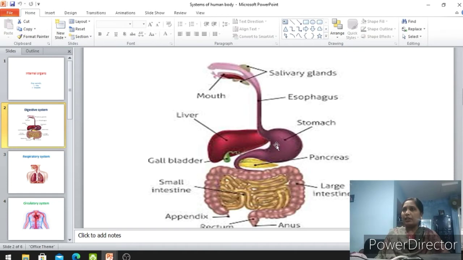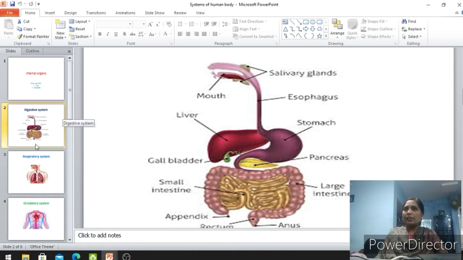These different organs are working together and form a system called the digestive system. And you also learned what is the role played by saliva in the digestion process, and at the same time how pancreas and liver are helping, from where they are secreting the juices and how these juices are helping to change complex food into simple food. So all these you learned in the previous class, children.